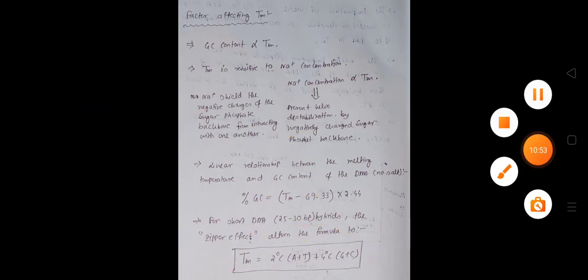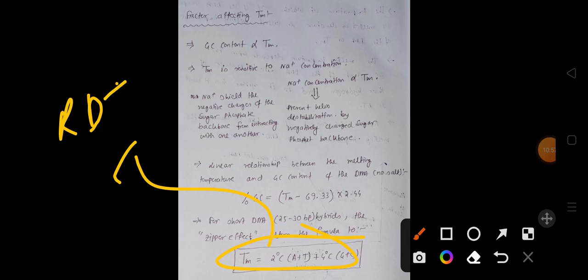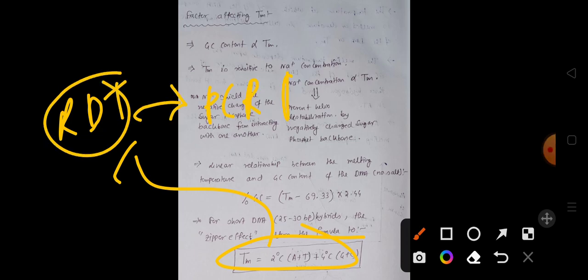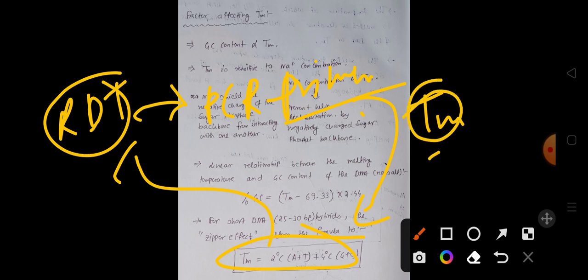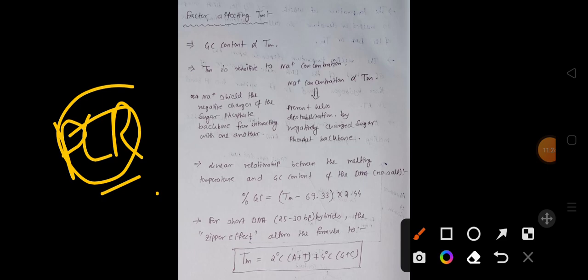Remember, this formula will be very important in our recombinant DNA technology, because when we design PCR primers, this value will help us to determine the Tm value. Okay, because determination of the Tm value of that primer is very important for the creation of that particular primer. Remember it. Okay, and we will talk about this in detail when we do a lecture series on PCR. So that is the idea of our Tm value.